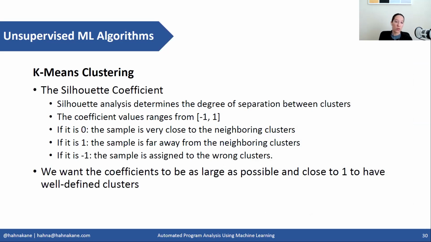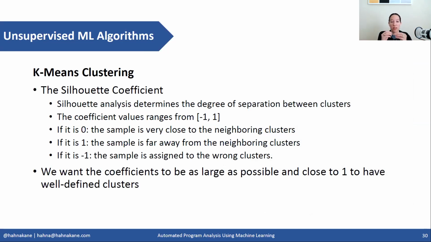There's also the silhouette coefficient. Silhouette analysis determines the degree of separation between clusters, and these values can range from -1 to 1. So if your silhouette coefficient or silhouette score is 0, that means that the sample is very close to the neighboring cluster.